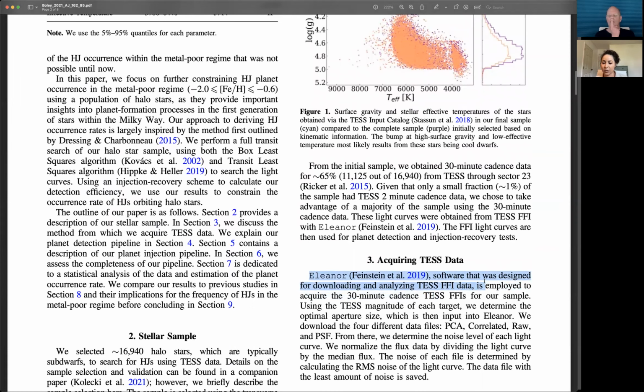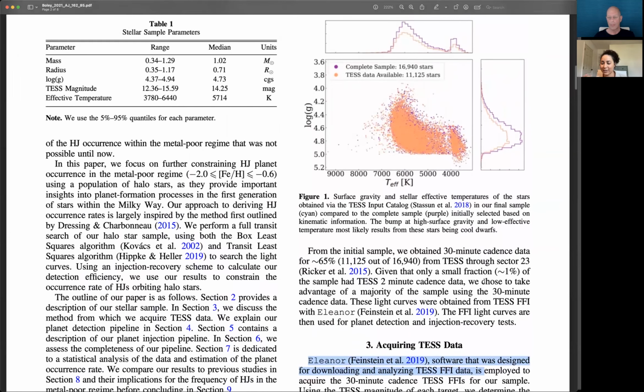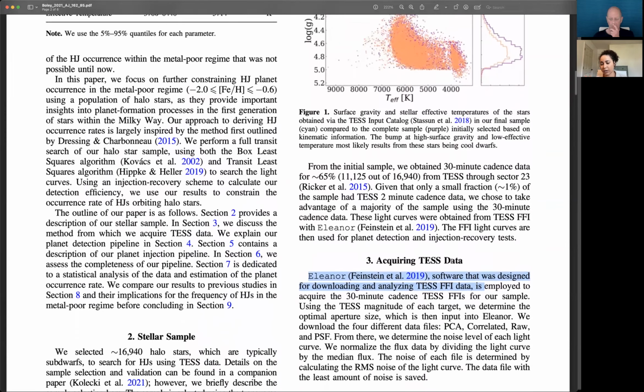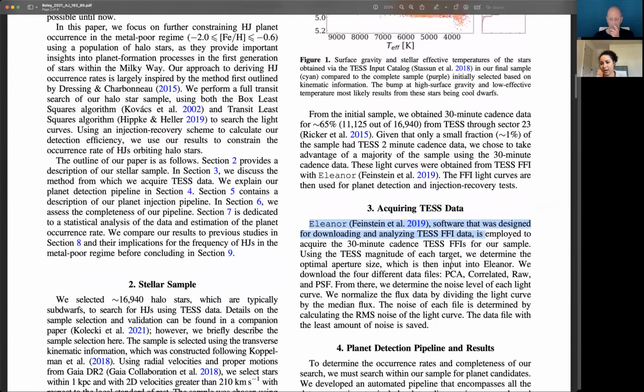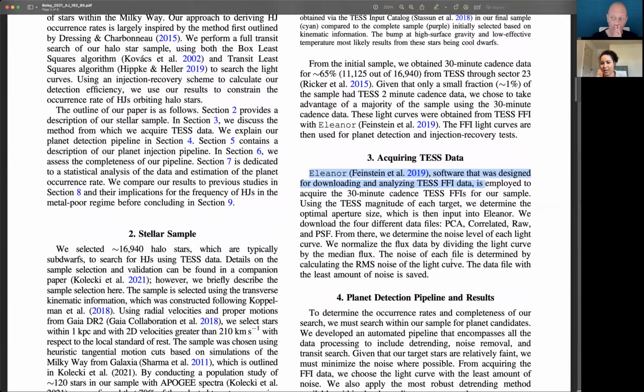And what we did here is we tried to figure out what had the best data quality. For each star that would look a little different, because maybe the PCA flux looks better than the correlated flux, for example, or the PSF flux looks better than the PCA flux.